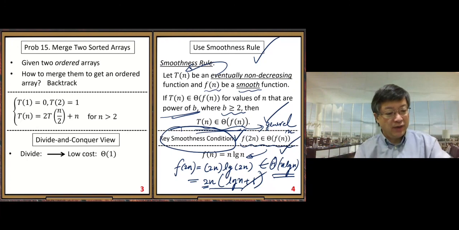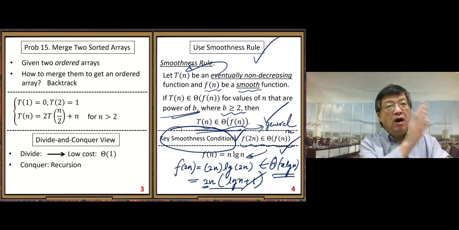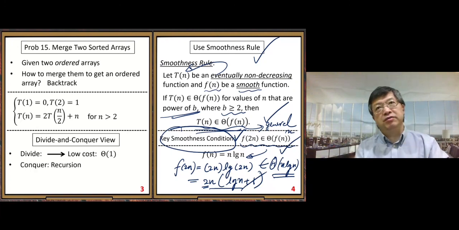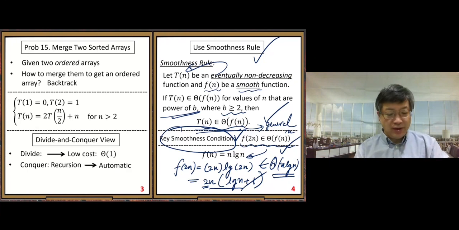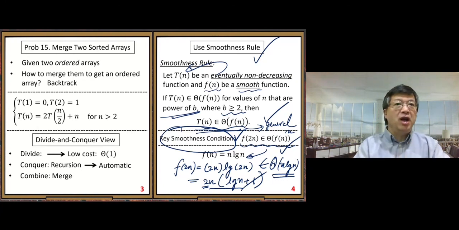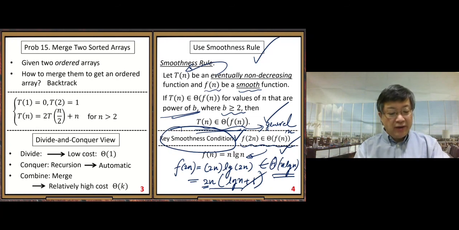Then the conquer step is recursion, which is automatic, so we don't need to worry about it. The last step, the merge step, has a relatively high cost, big theta of k, where k means the total data size.